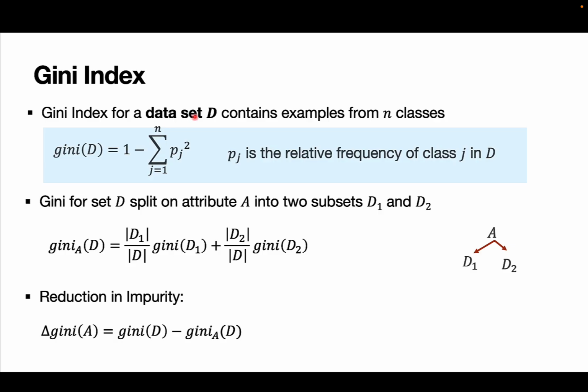So given a dataset D, to compute the Gini for D, we are going to find the probability for each class J, square it, sum them together, and subtract the result from 1.